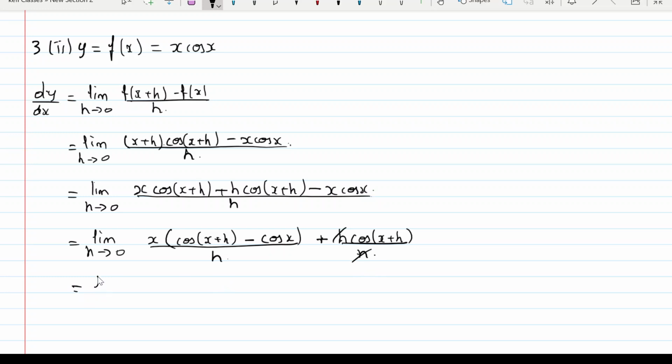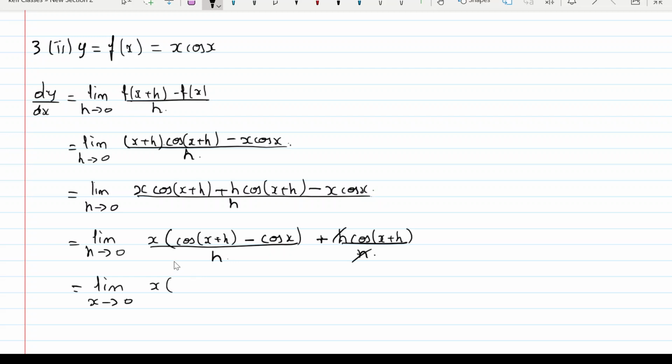So this is going to be limit as h tends to 0 x into, so again you can use cos c minus cos d, or you can use expansion cos x cos h minus and so on. So in this problem I'll use cos c minus cos d. In the other problems I've been expanding.